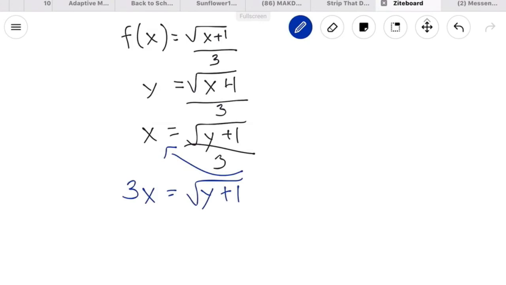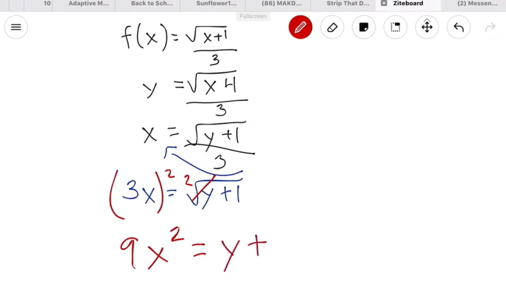So squaring both sides, it becomes like this. So the square root cancels here. So it becomes 3x, no, wrong, sorry. So it becomes 9x squared equals y plus 1.